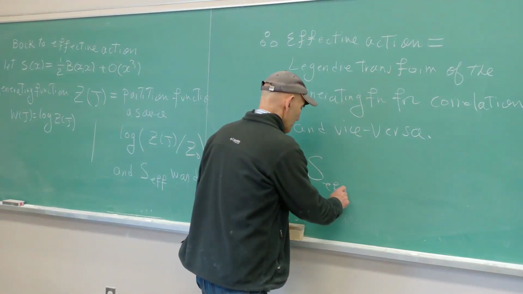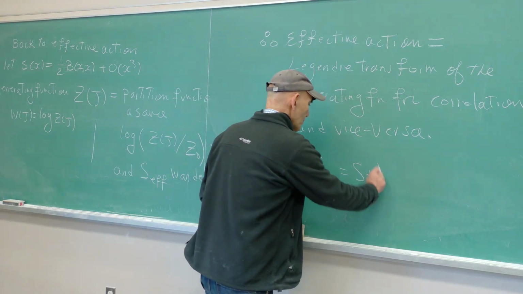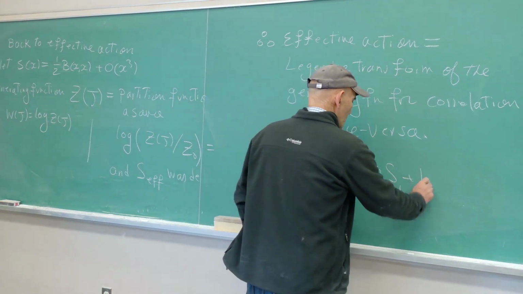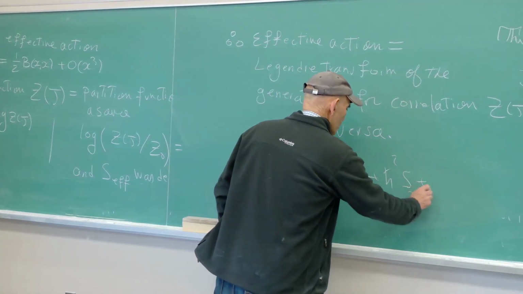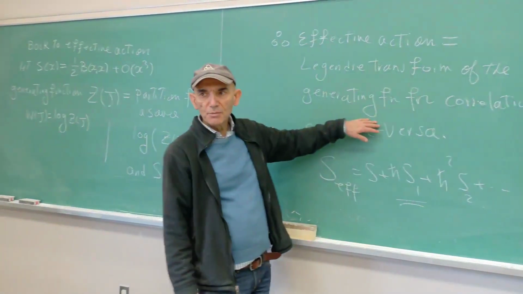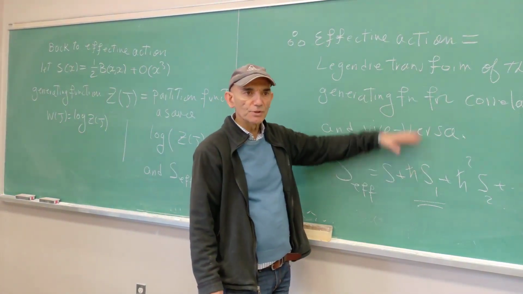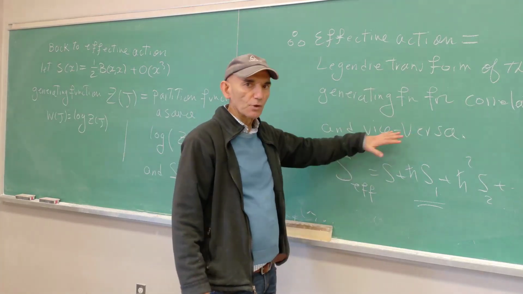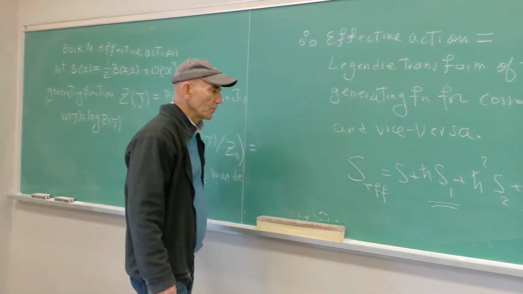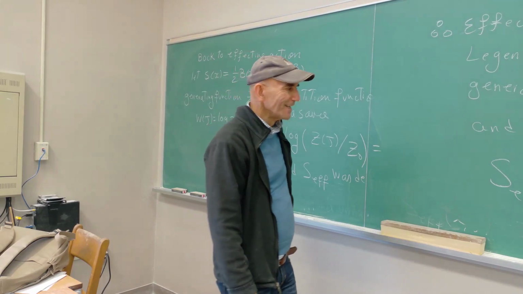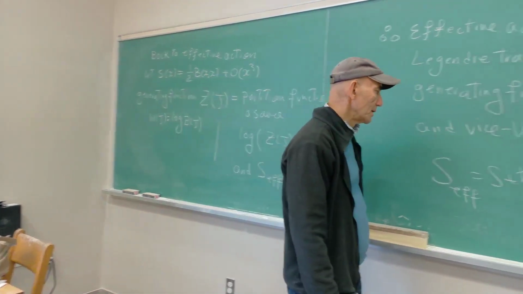So S effective is equal to S plus h power 1 S1 plus h power 2 S2, and so on. And this part, using this theorem, can be computed by solving equations of motion and really finding roots of equations. I'll give you an example later of how this is done in action.